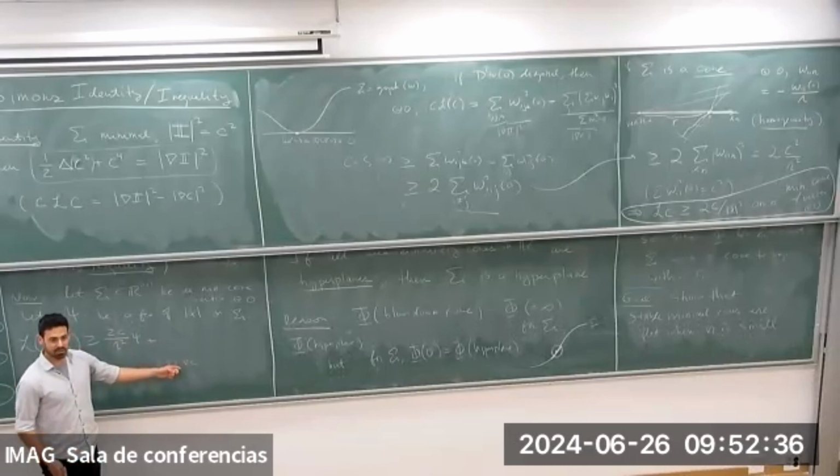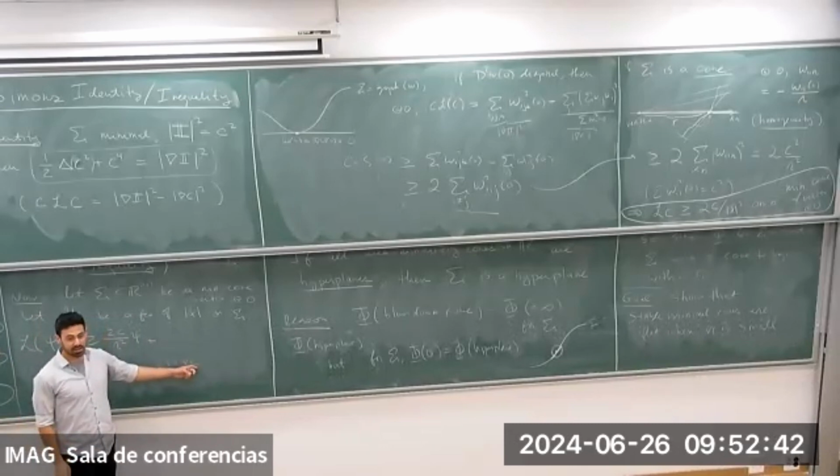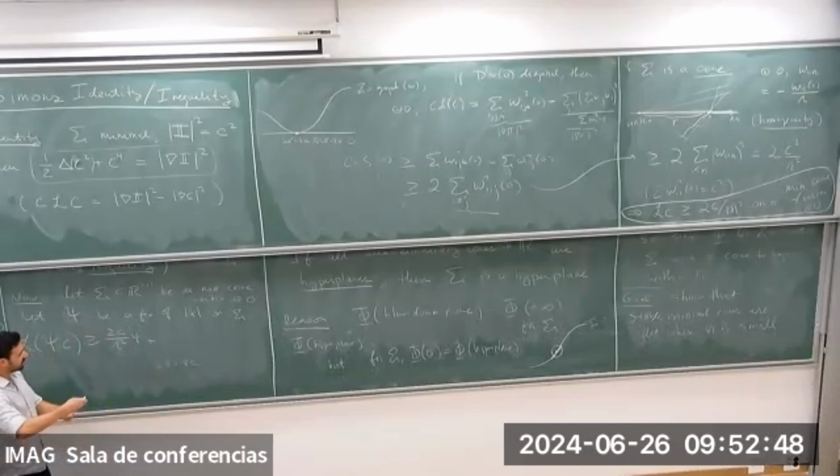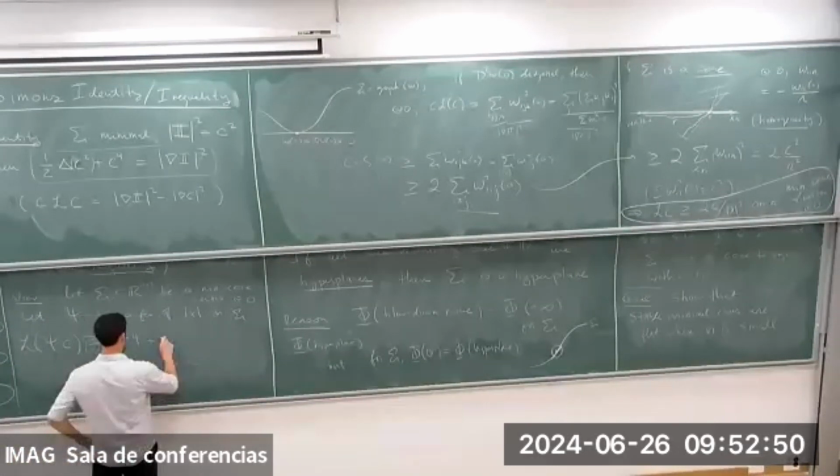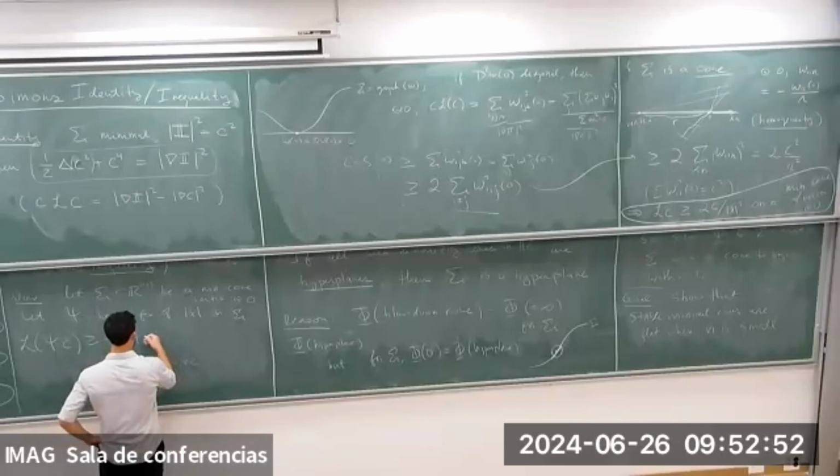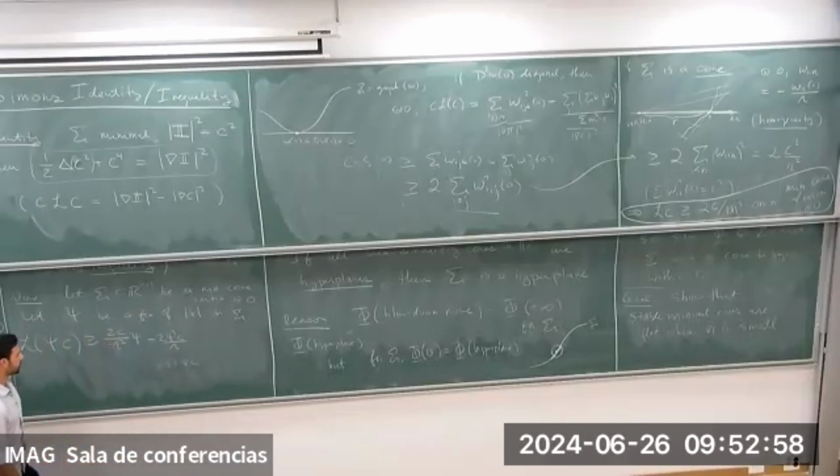Because psi is a radial function, this is just the derivative of psi times the radial unit vector. And c is homogeneous of degree -1. So this is just psi prime times the radial derivative of c, which is minus c over r. Minus 2 psi prime c over r.